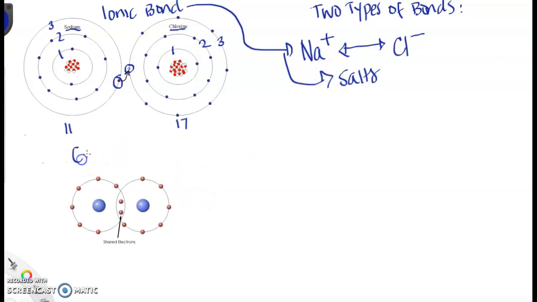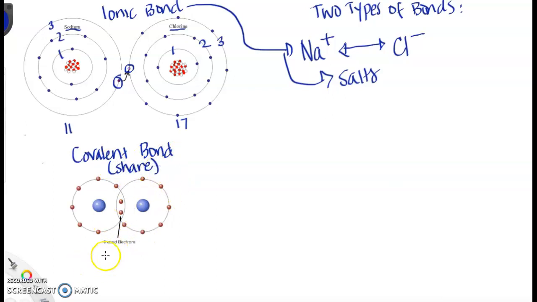The next type of bond is a covalent bond. This one's different in that one element doesn't just hand over an electron to another one. They both need those electrons, so they share them.